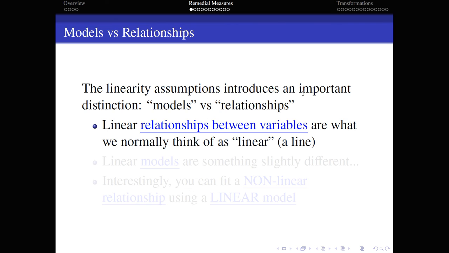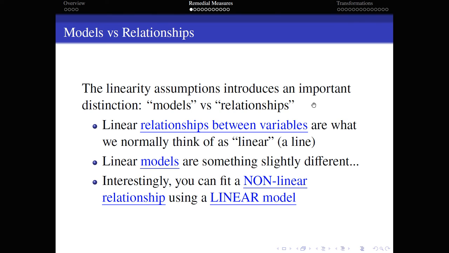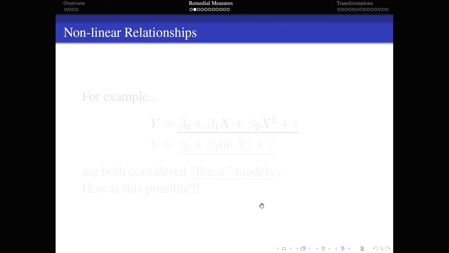Now, this is important because the linear model that we tend to use in regression, and what our assumption is based on, is slightly different from this linear relationship. What's fascinating about this and really useful is that you can actually fit a nonlinear relationship using a linear model.